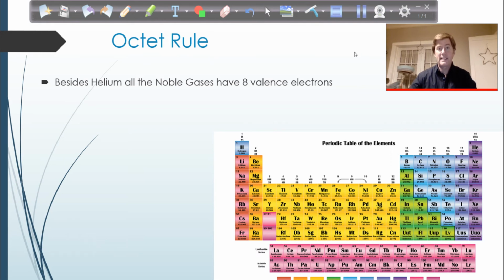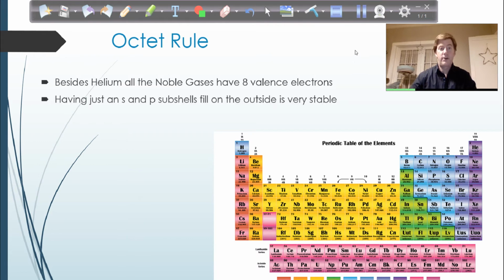But besides that, all the noble gases have 8 valence electrons. So that is a very stable configuration. Having the S and P subshells filled is going to be very stable and non-reactive, right? They don't actually have filled outer shells, except for neon and helium, but everything else just has 8, and it's super stable that way.